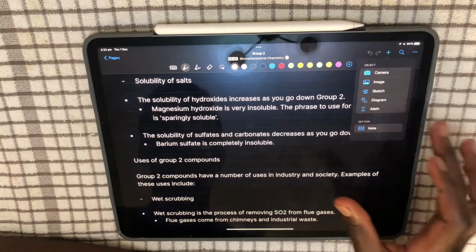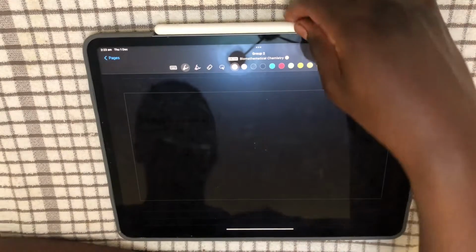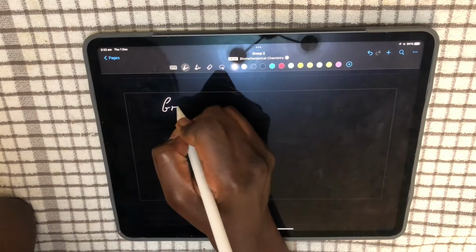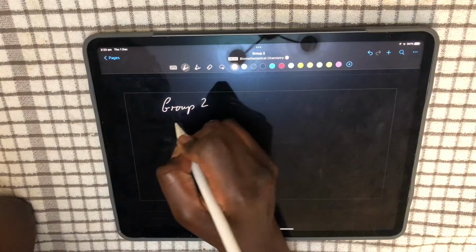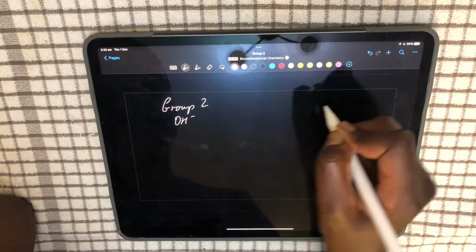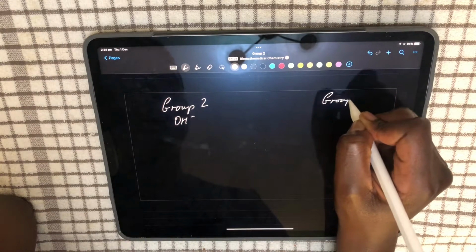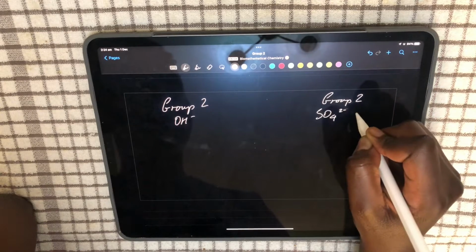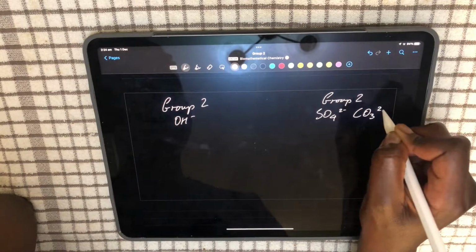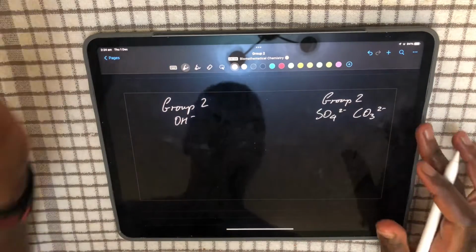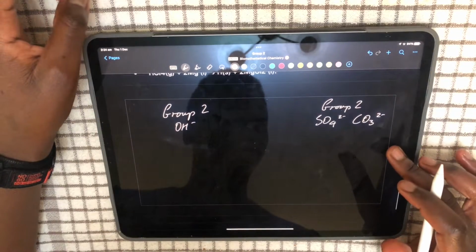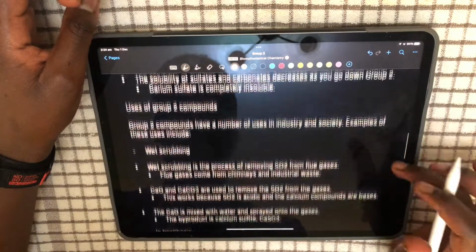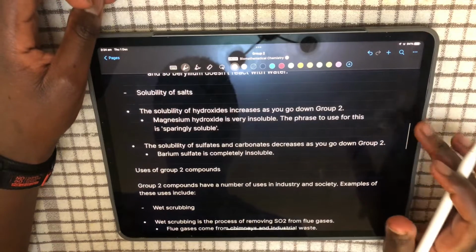So I'm going to go through this. If you're talking about group 2 hydroxides, and then group 2 sulfates, SO4 2 minus and CO3 2 minus, generally, let me just double check, make sure I don't say something incorrect again.